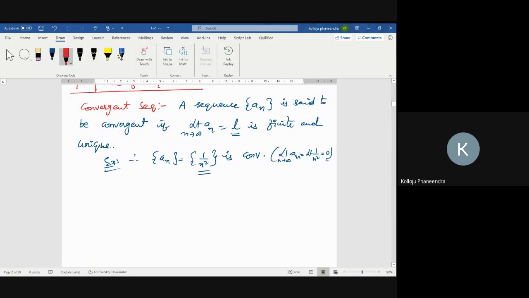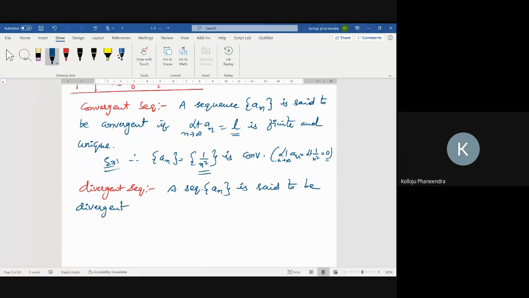The next one is divergent sequence. A sequence an is said to be divergent.